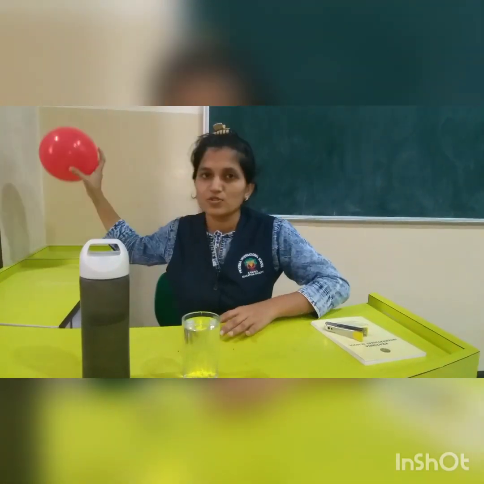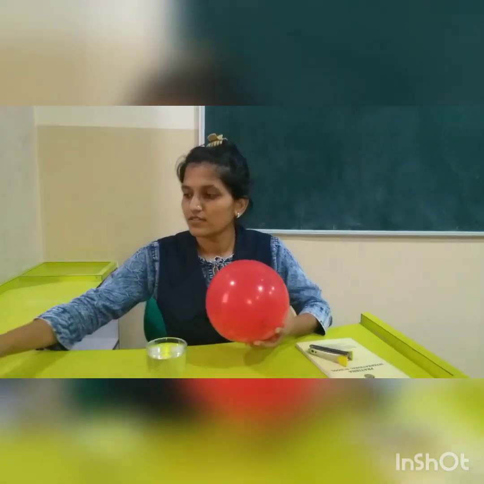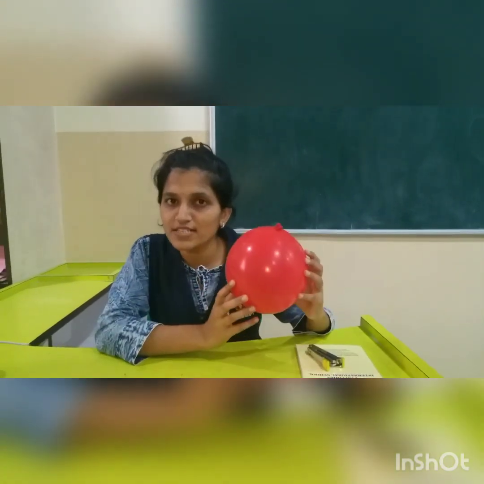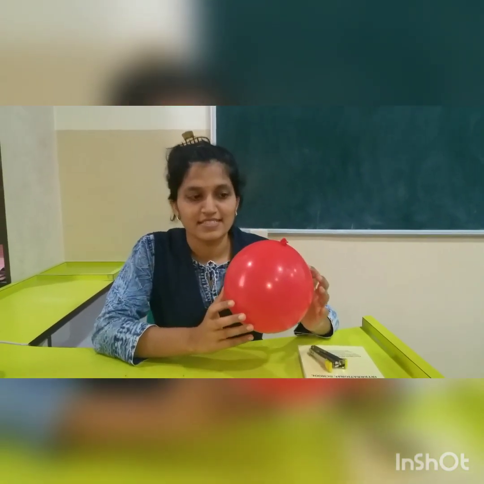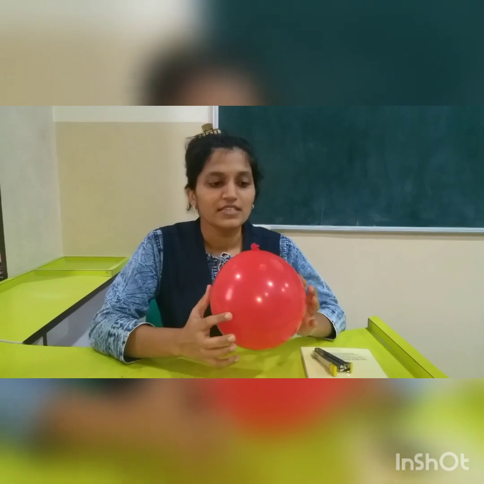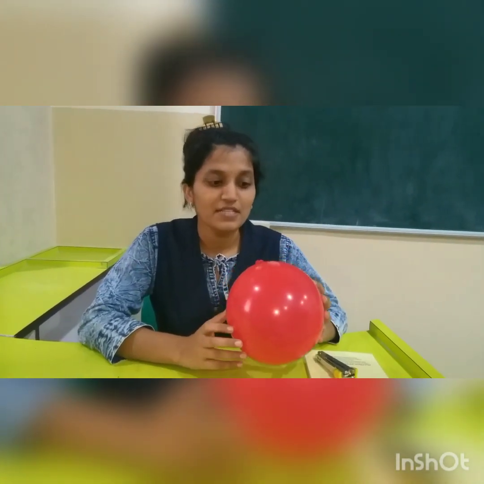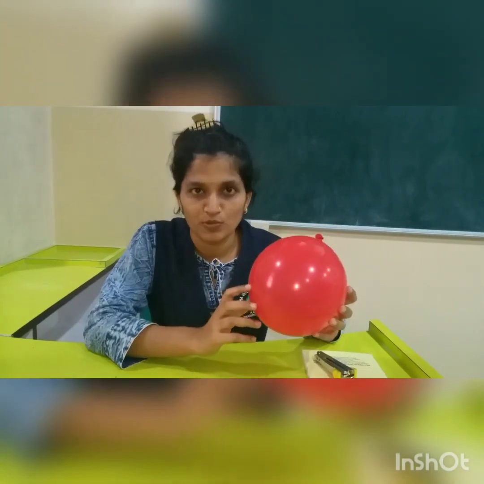So students, solid we have seen, and liquid. Now we are going to see more things. Now we have seen the examples of liquid and the examples of solid. Now students, what is this? Yes, this is a balloon, and we all know that we blow a balloon, right? That means the air goes inside the balloon.